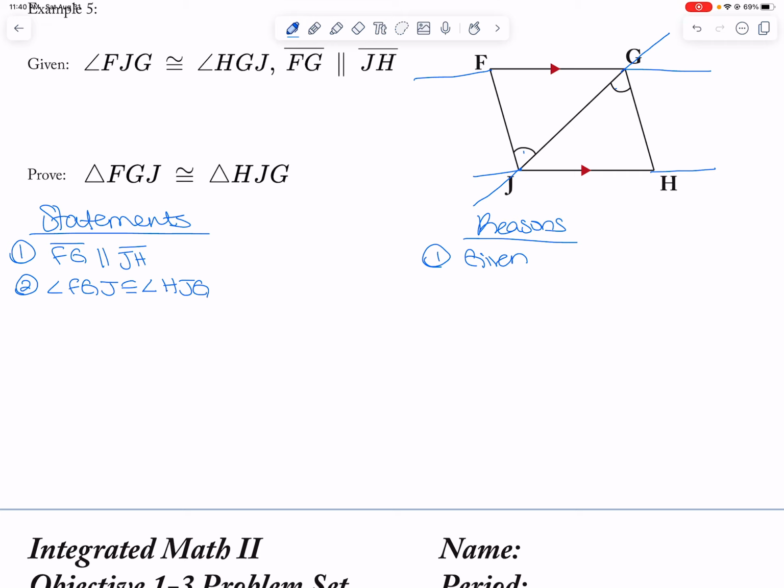So FGJ is congruent to HJG, and this is alternate interior angles. Okay, and then 3, I would have said GJ is congruent to itself, and that is the reflexive property.